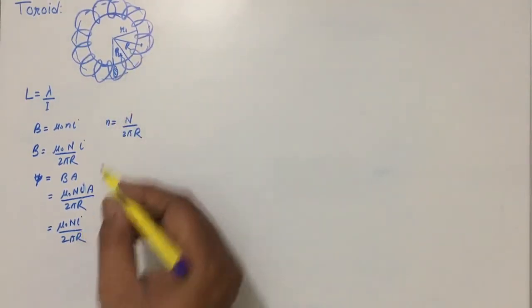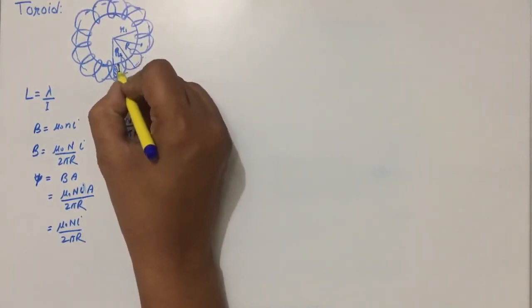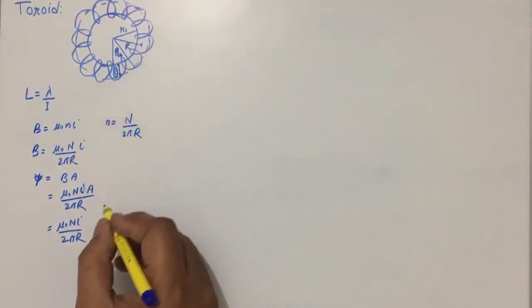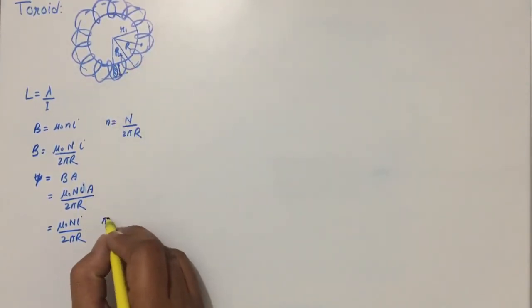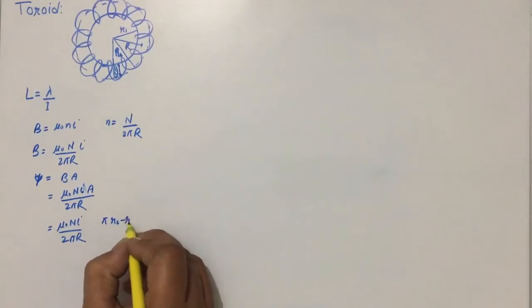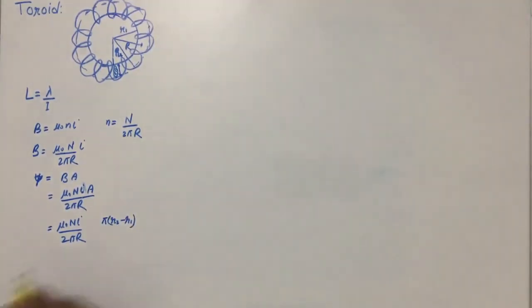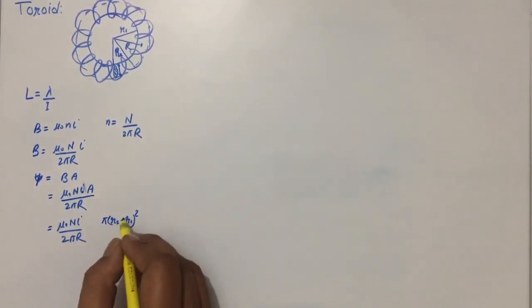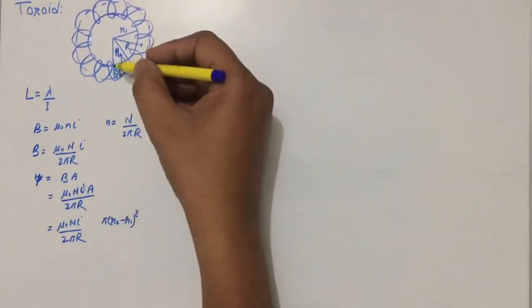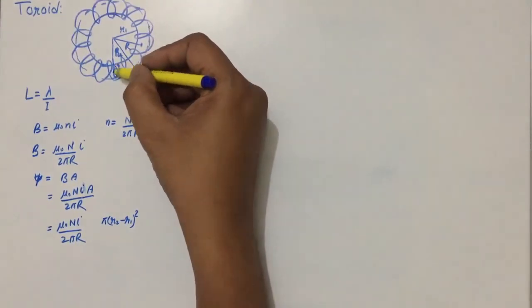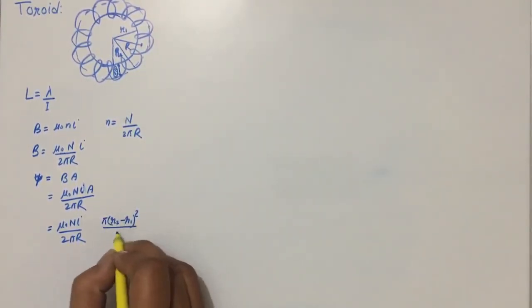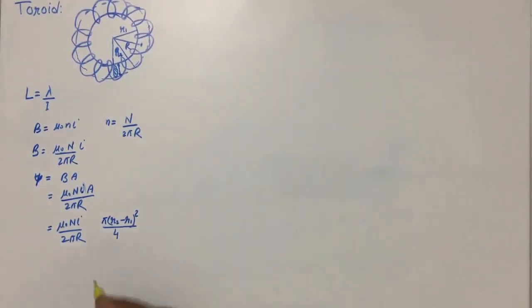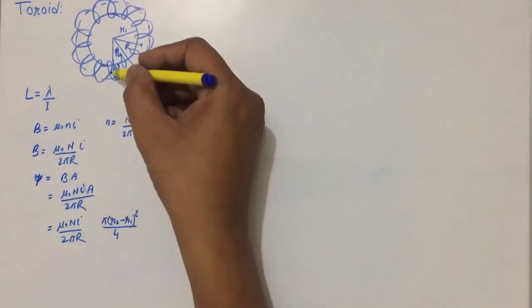So from there, the diameter, meaning the thickness of this, is R2 minus R1, and if it is circular, then we have this as the diameter squared. If we know the diameter, then to find the area we can say pi d square divided by 4, and this is the cross sectional area.